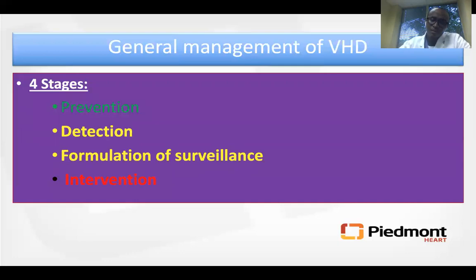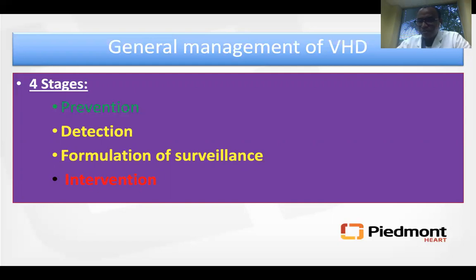Whenever you talk about general management of valvular heart disease, you can approach it in four different phases or stages. The most important and the cheapest way is to prevent.